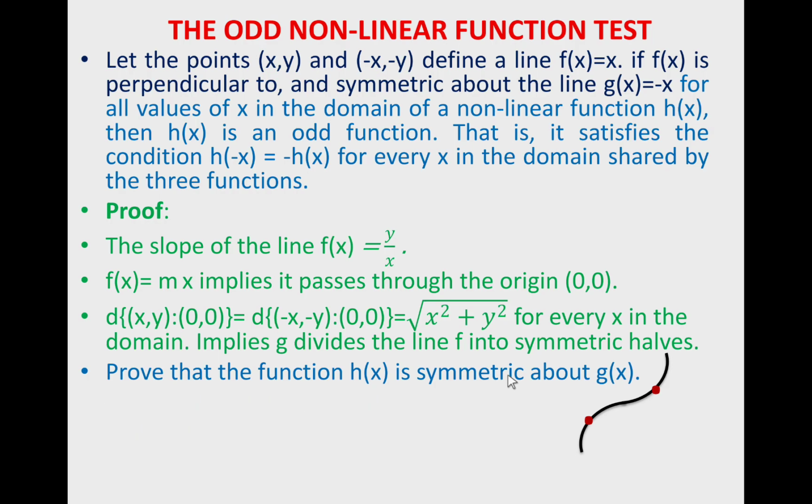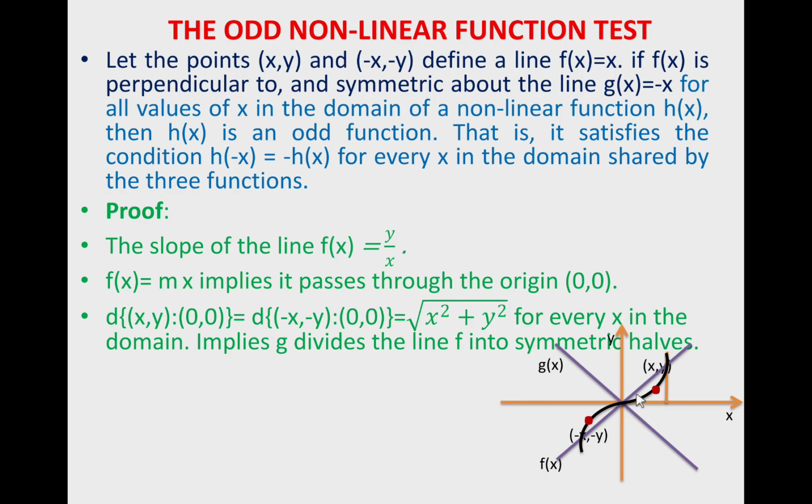And this does not apply to this one only, it also applies to this function over here. We said since x comma y is shared between the nonlinear function and also the linear function f of x, and we proved that x comma y and negative x comma negative y are equidistant from g of x, then they are also solutions to the nonlinear function, and they are part of the nonlinear function.